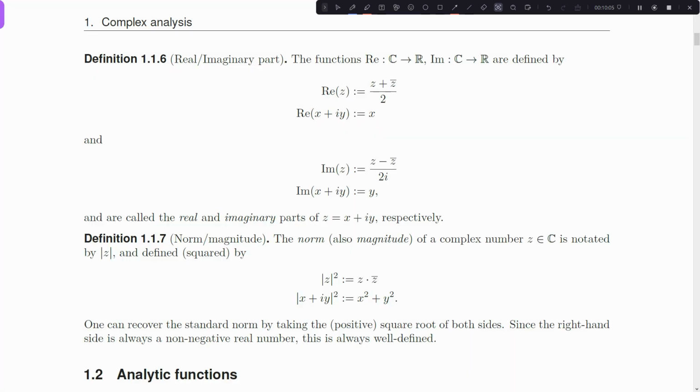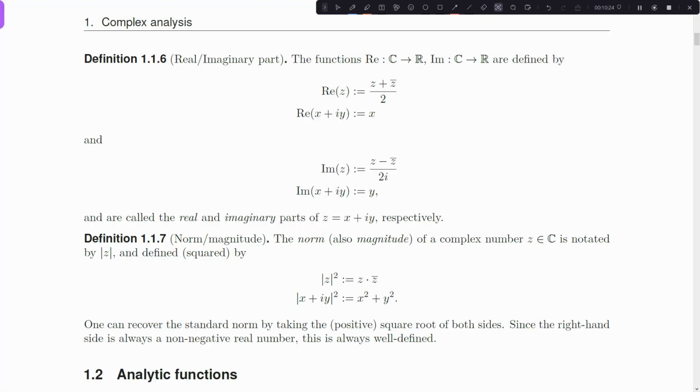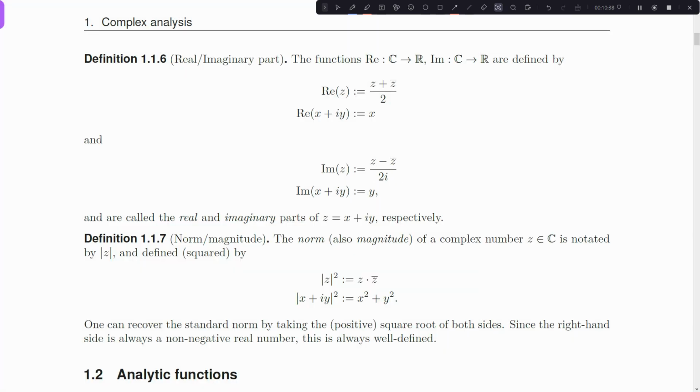But if we want to stay in this one-dimensional setting, we can think about the real part as a function of the variable that takes the variable and its conjugate, adds them together, and divides by 2. If you wrote it out, you would recover x. And we can do the same thing with the imaginary part of z. We take z and subtract its conjugate and divide by 2i, and that extracts y for us.